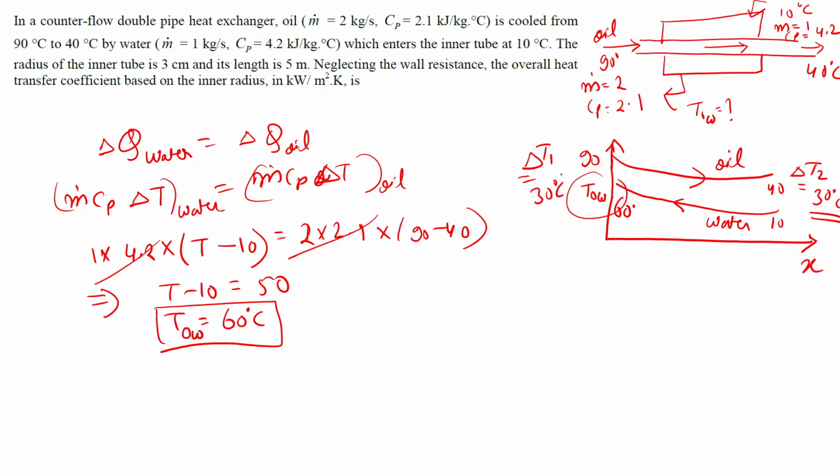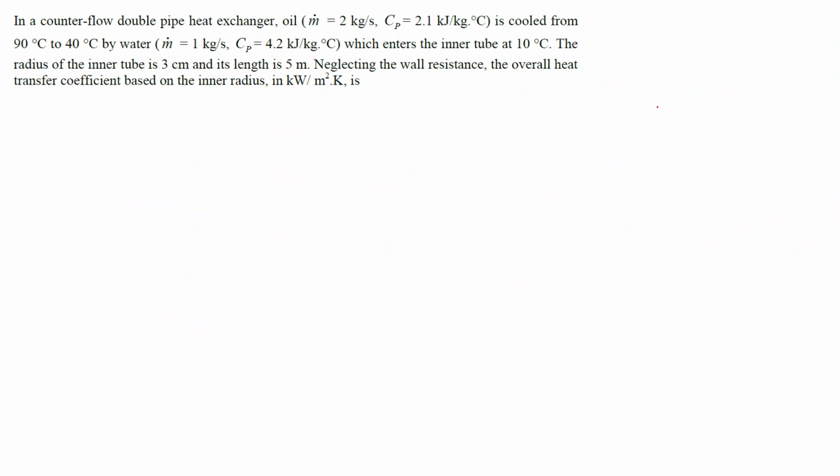Now usually we will be using this log mean temperature difference to calculate the temperature difference due to which this heat exchange occurs, but in this case, since delta T1 is equal to delta T2, the log mean temperature difference we can write it as either delta T1 or delta T2, so that is equal to 30 degrees Celsius. So this we can use to calculate the overall heat transfer coefficient based on the inner radius.